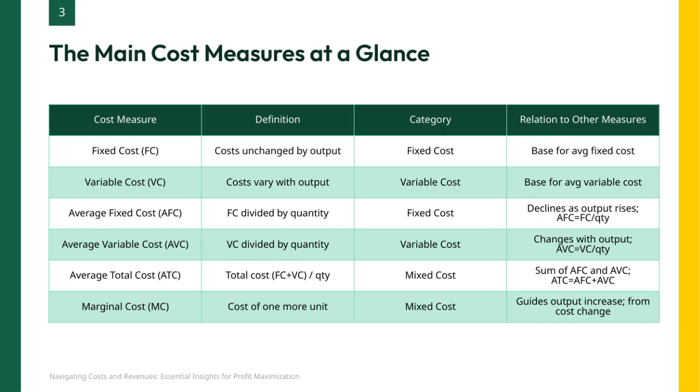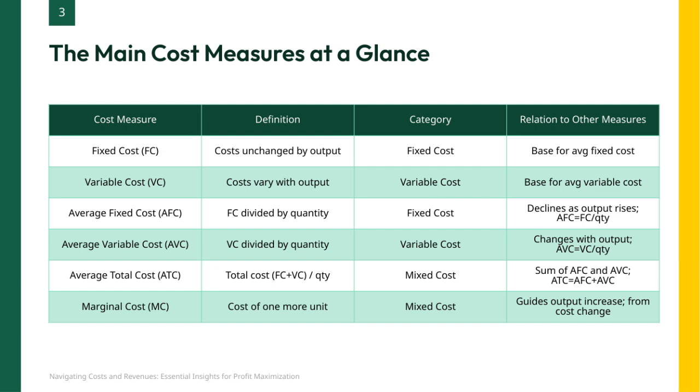When we talk about average fixed cost and average variable cost, both are derived by dividing their respective total costs by the quantity produced, with average fixed cost decreasing as output increases because those fixed expenses are spread more thinly, while average variable cost changes depending on production levels.